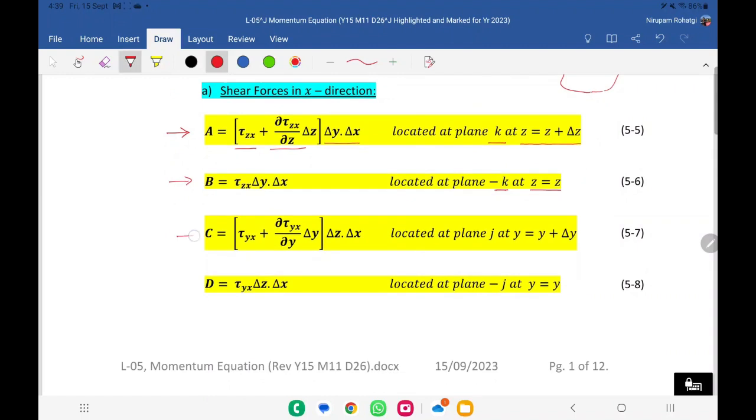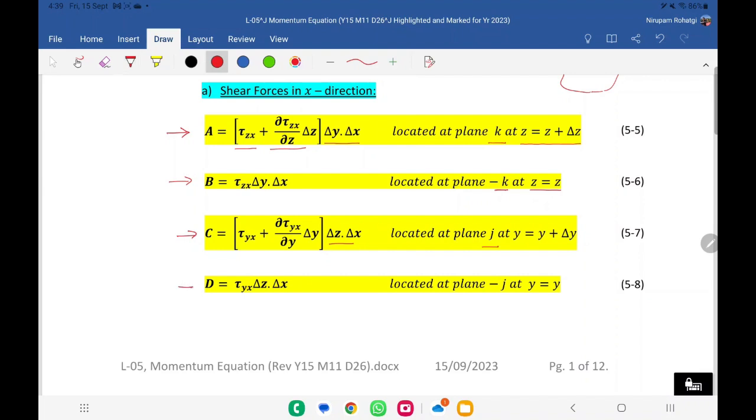Similarly, you find C. This is on the plane zx, or the plane you can say which is in direction y, that means front and backward. Front direction is minus y, the forward direction is plus y. Okay.